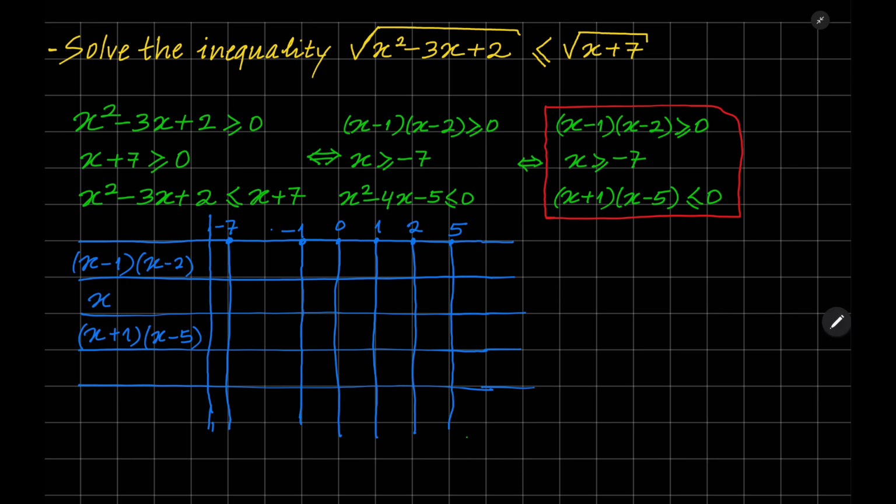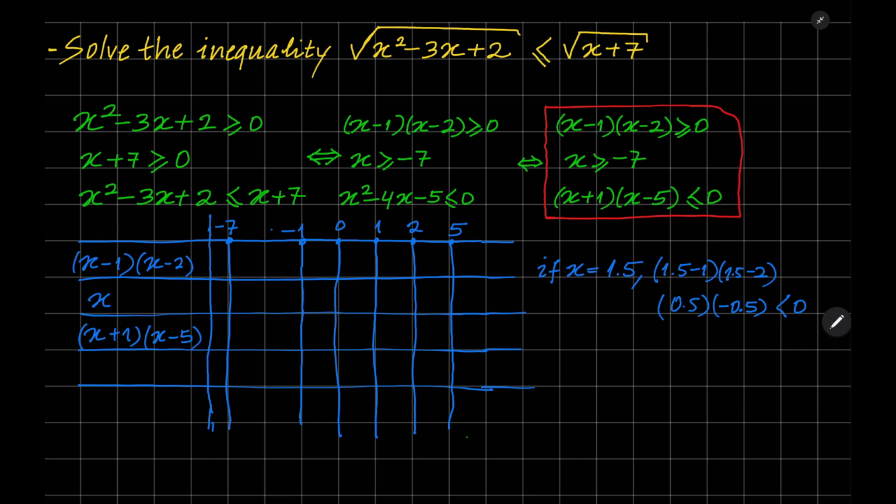If x is equal to 1.5, then for the first equation, 1.5 minus 1 times 1.5 minus 2, this is 0.5 times negative 0.5, which is less than 0.